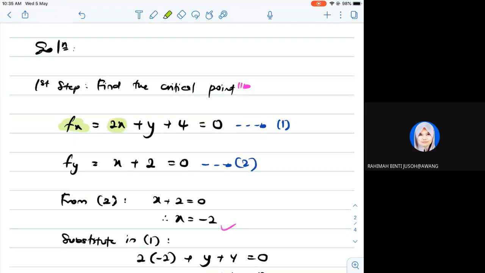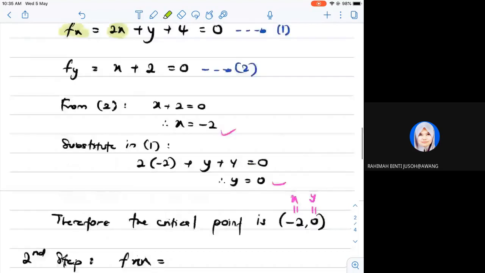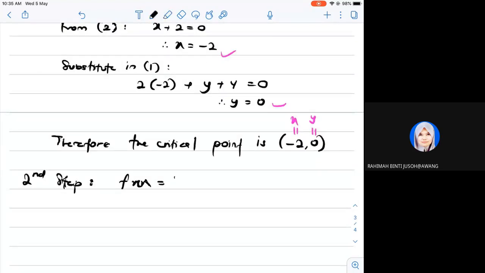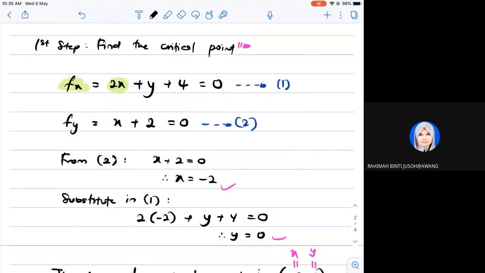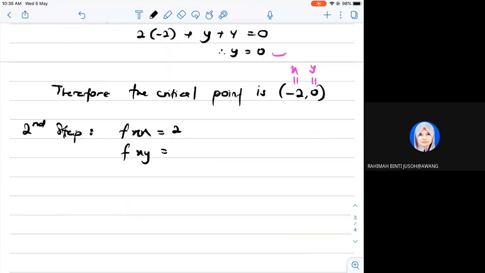So we only differentiate this part. Alright, so we will get 2. And then find fxy. Again, differentiate fx with respect to y. So we just consider this, then differentiate y with respect to y, we get 1. Becomes 1.